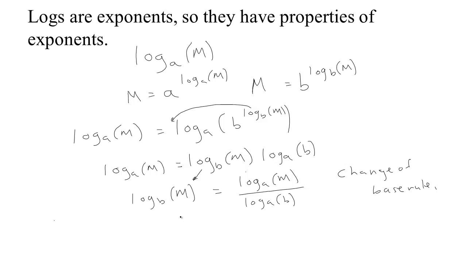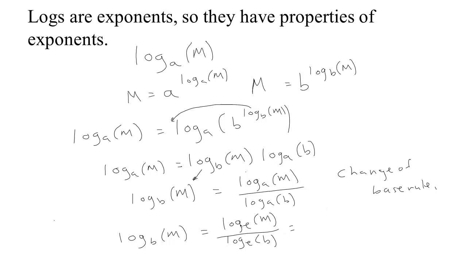Now in calculus we tend to prefer the natural log, so most of our problems will involve the natural log base e. But if we happen to have a problem that has some base that we're not familiar with, we could always change to base e by following this formula, right? If you want to use a different base, then you can take the log of your number in that different base, but you have to remember to divide by the log in the new base of the old base.